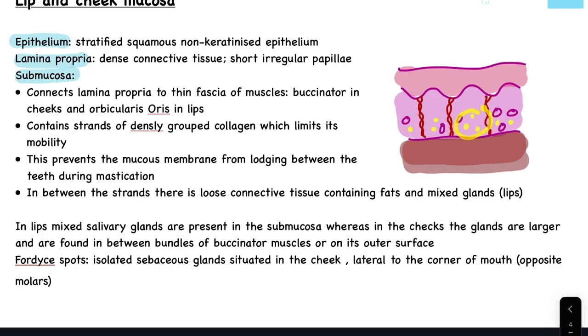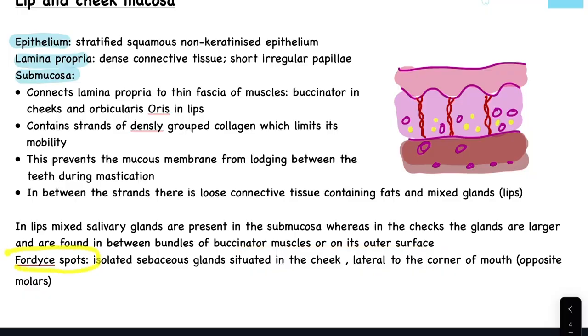So in lips, we find these glands in here. But if this was a diagram of the cheek, you would find these glands somewhere over here, or in between two muscle bands. So this is what that is saying, right?